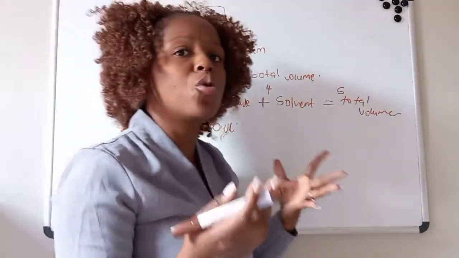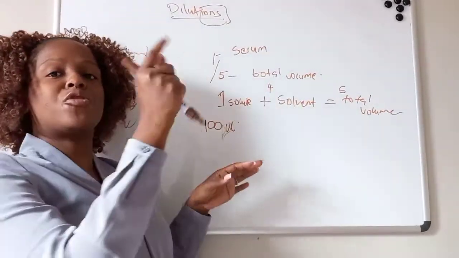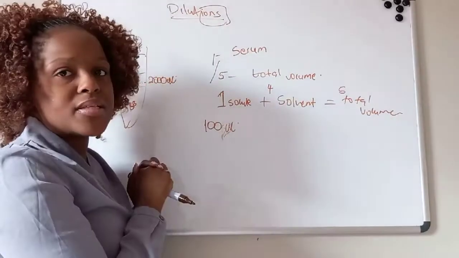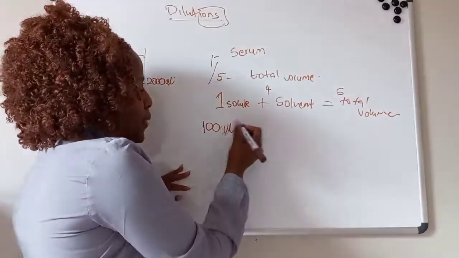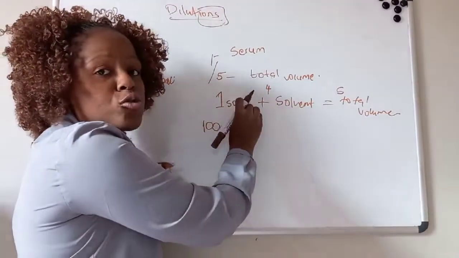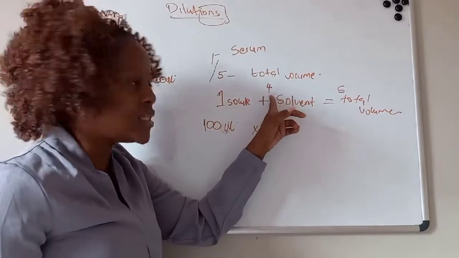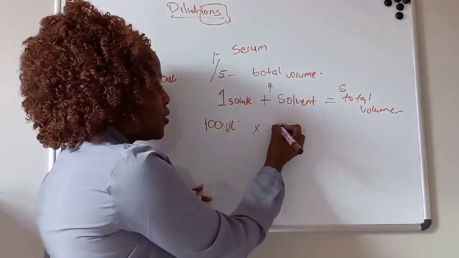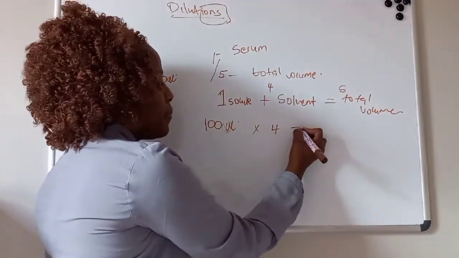Now, how are you going to determine how much of the cell line, or how much of the solvent, you must use so that you can dilute this sample? What I would usually do is multiply my 1 part of solute by the number of parts that I need of the solvent, which in this case is 4. So it's 100 microliters multiplied by 4.